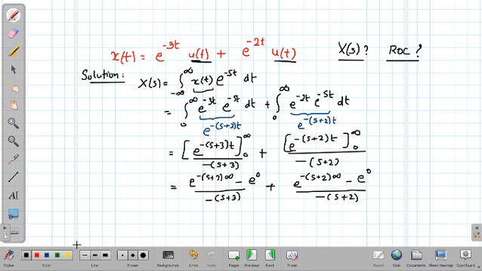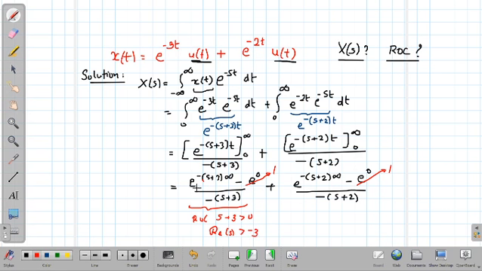Thus e raised to 0 is 1, that you know. Here also e raised to 0 is 1. Now coming to the first term, this term will go to 0 only if s plus 3 is greater than 0, because then it becomes of the form e raised to minus infinity. So for this term, the region of convergence is s plus 3 greater than 0, or real part of s is greater than minus 3.